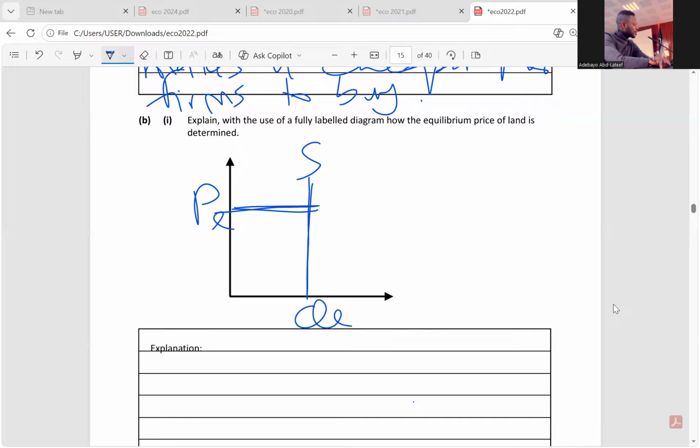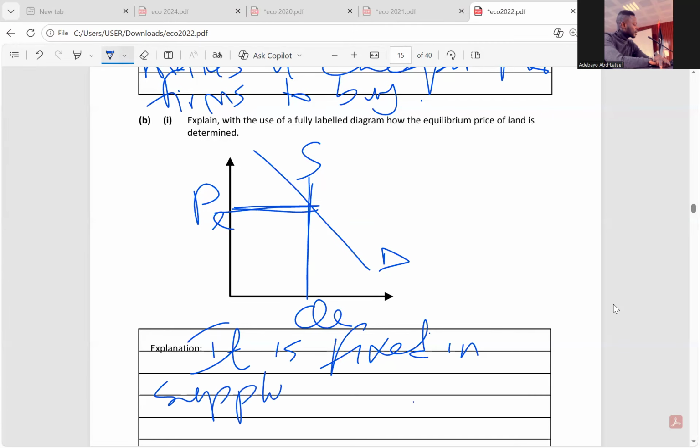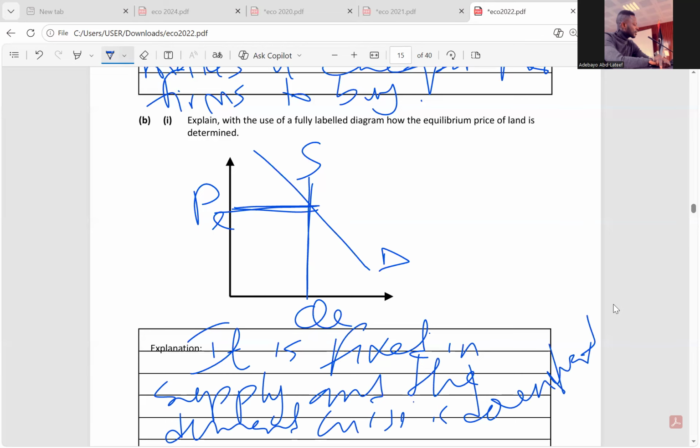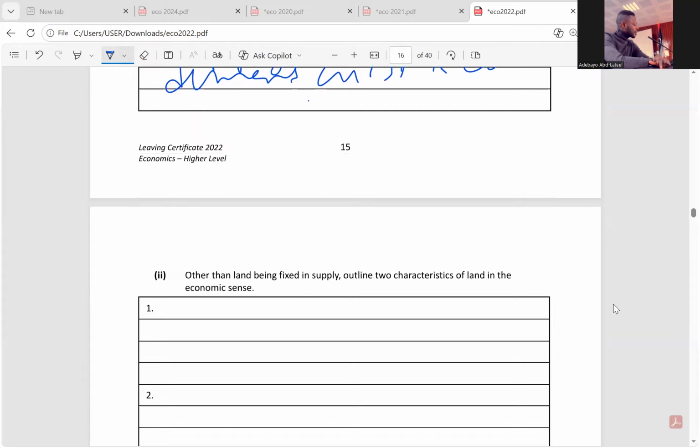But the demand curve facing it is downward, D. So it is fixed in supply, and the demand curve facing it is downward sloping because the lower the price of land, the higher the quantity demanded. I think it's clear.